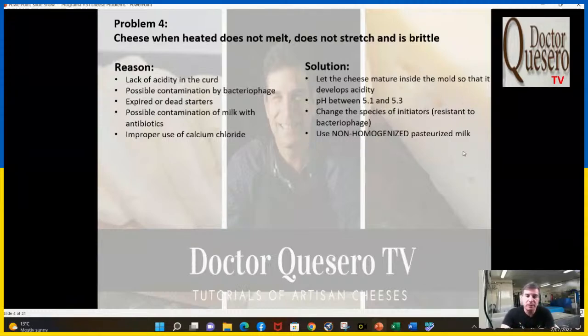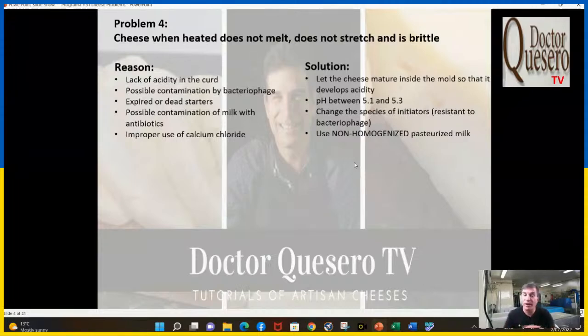And another solution to make pasta filata cheeses, which is stretchy cheeses: use non-homogenized milk. If you make cheese with homogenized milk, forget about getting a stretchy curd. You can only achieve stretchy curds with unpasteurized milk, raw milk, or pasteurized non-homogenized milk.